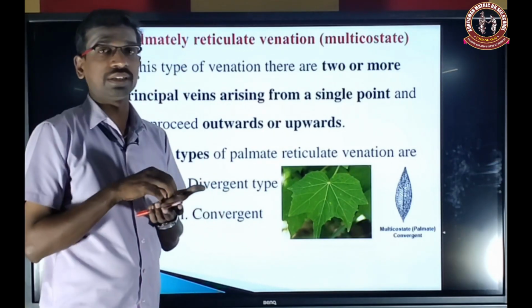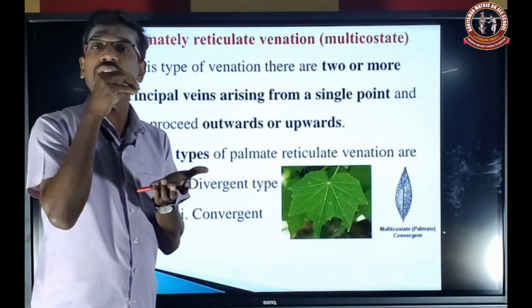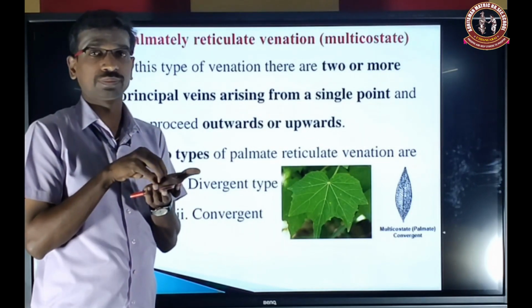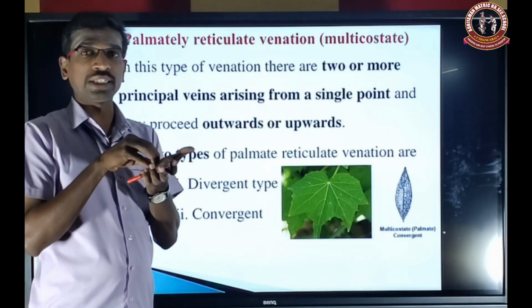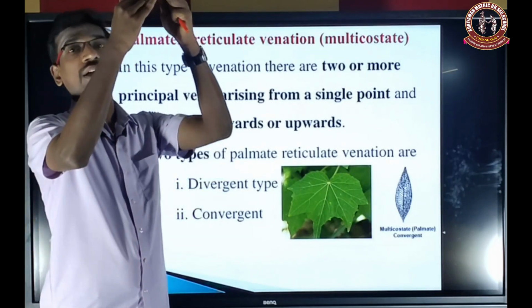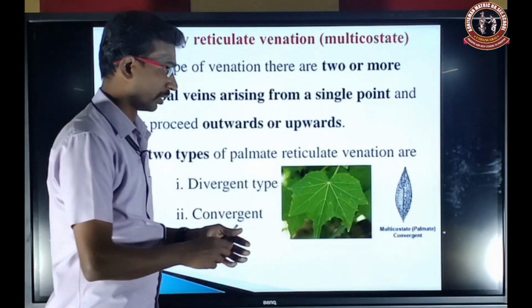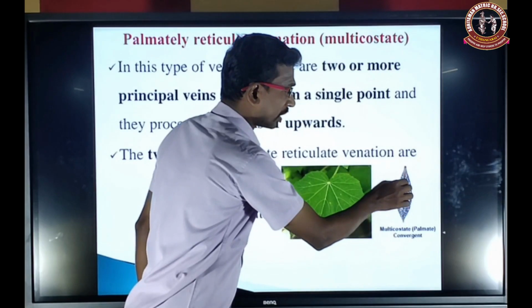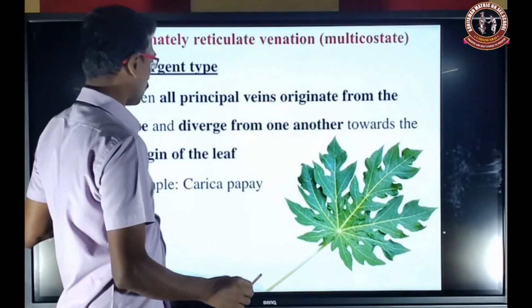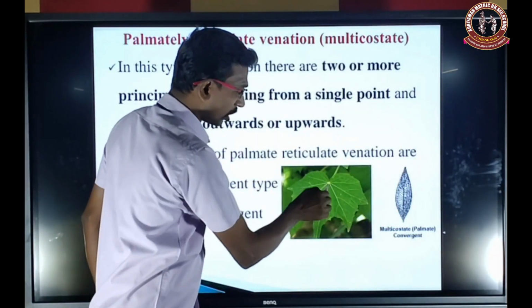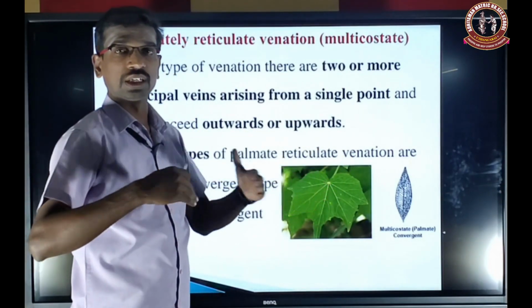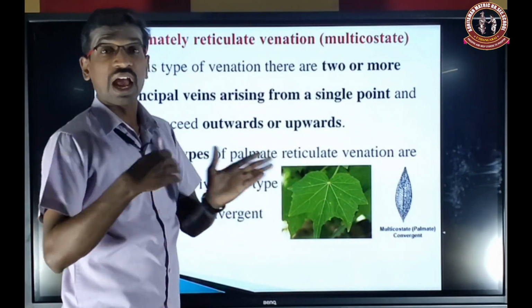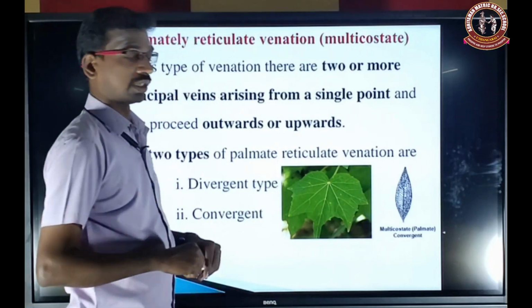But in convergent, many principal veins originate from the common point and all meet at one point upward. Here they spread away from one another. That is divergent.